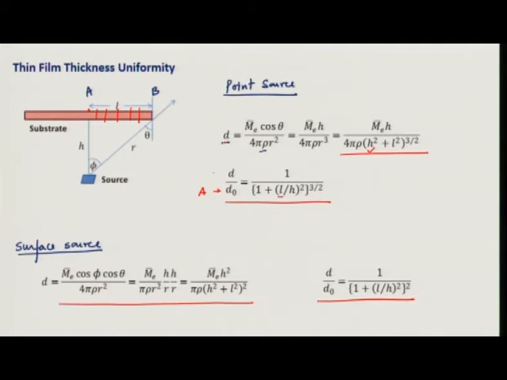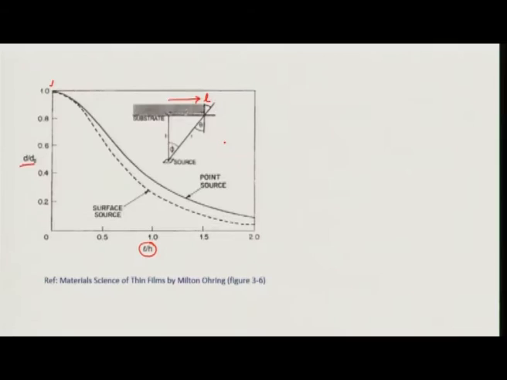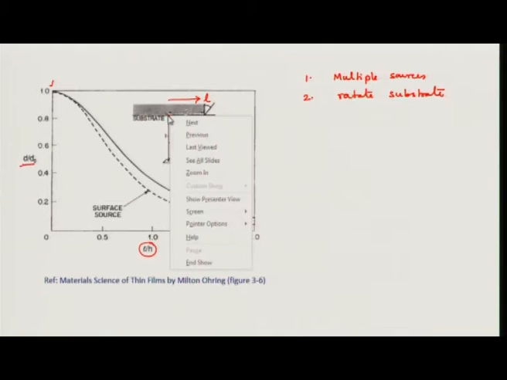So, how do we adjust this H and L parameter for a more uniform deposition? There are some practical ways of doing that. Either use multiple sources. Second, rotate your substrate, and rotate it such that it is not rotating about this point.